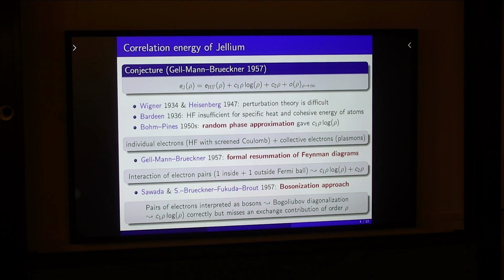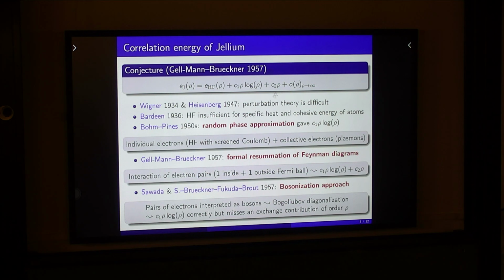So they calculated the energy by saying, okay, we can calculate the collective plasmons, and if you have a screened Coulomb, then you can do second order perturbation theory. This is basically how they got beyond the Hartree-Fock energy. And what they got, at least what they stated, and what you also read in Pines' book, is that this fitted the experiments much better than what was known before.